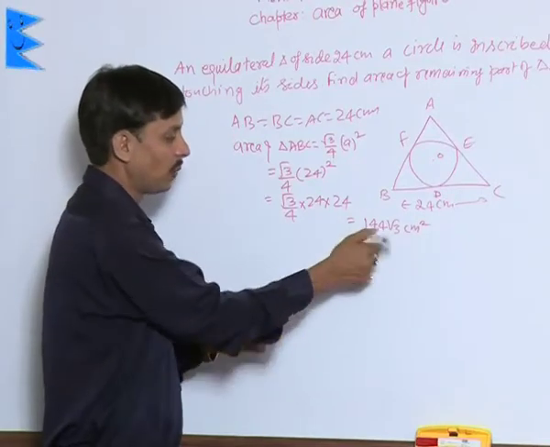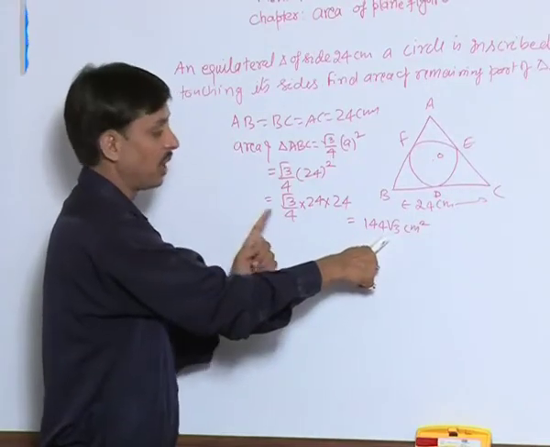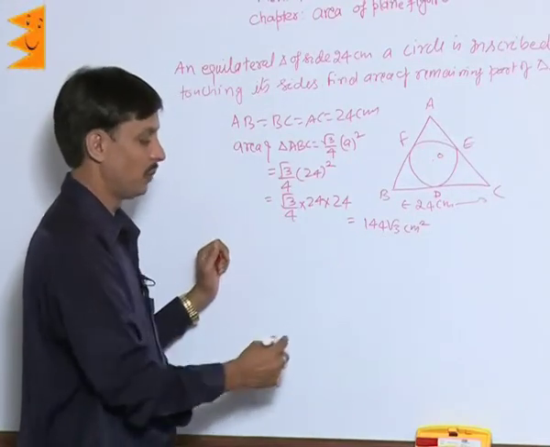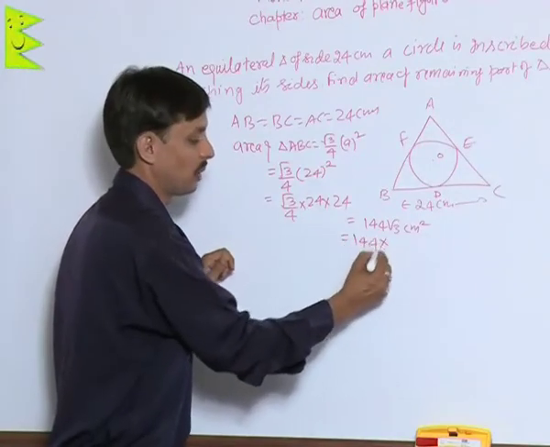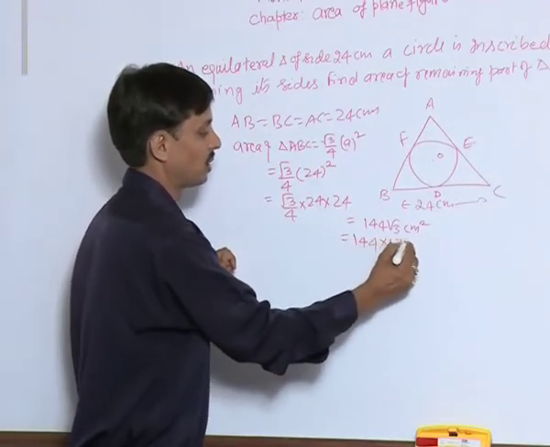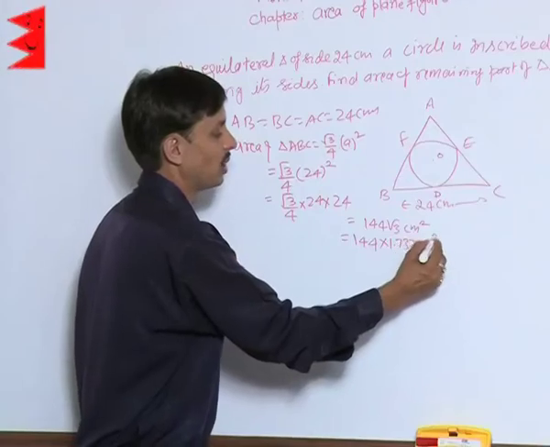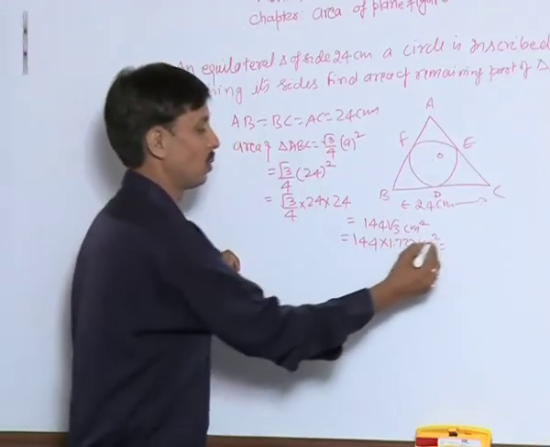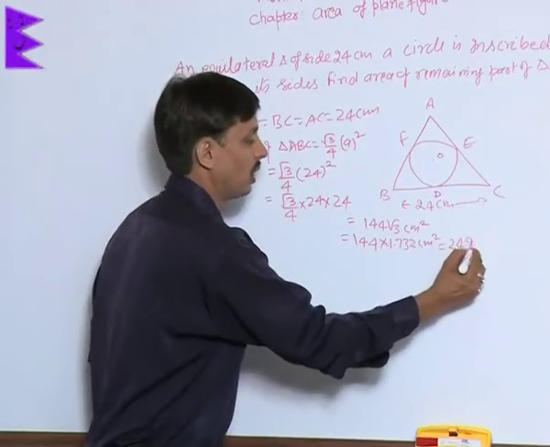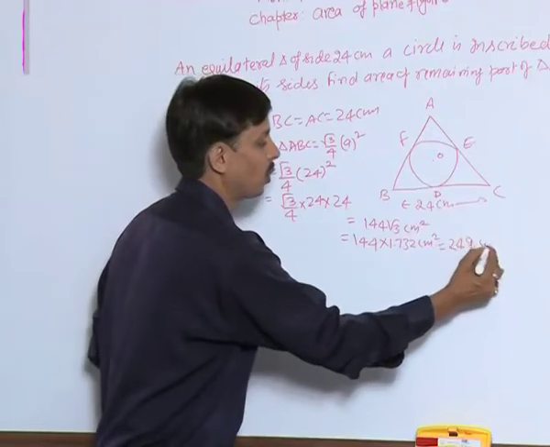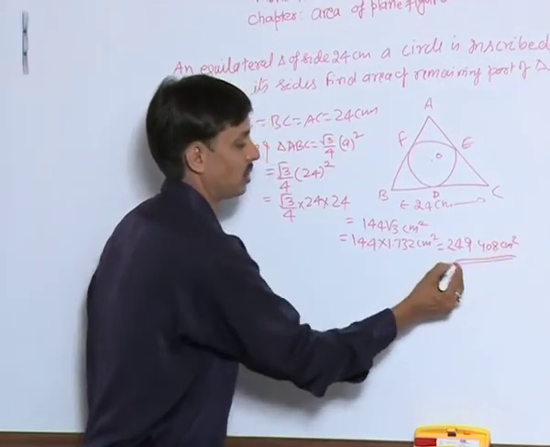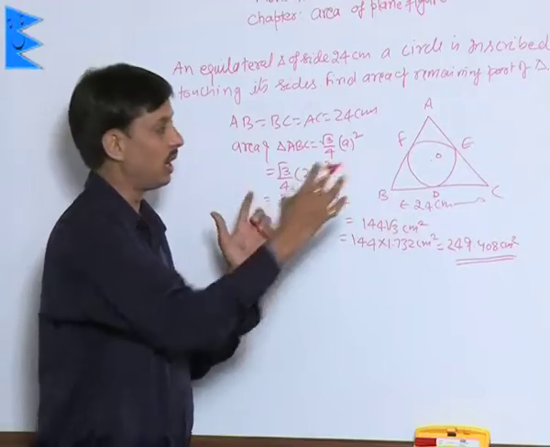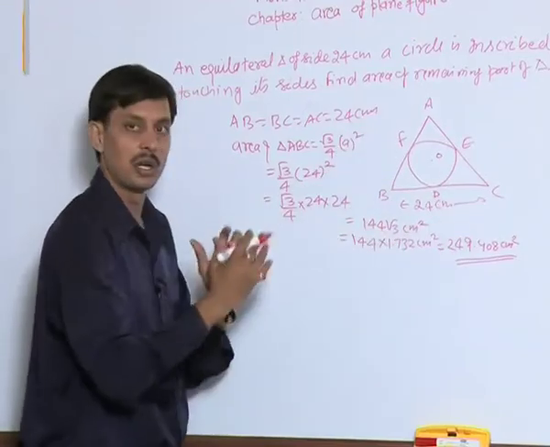If the value of root 3 is taken as 1.732 in decimal, this answer will be 144 into 1.732 centimeter square, which is equal to 249.408 centimeter square. This is the area of the entire equilateral triangle.